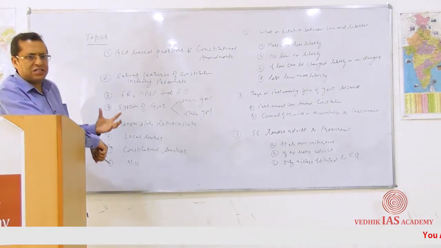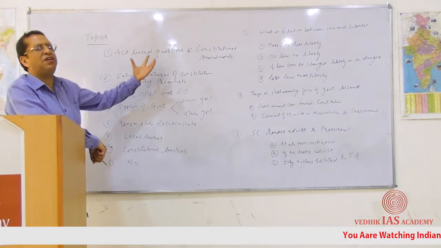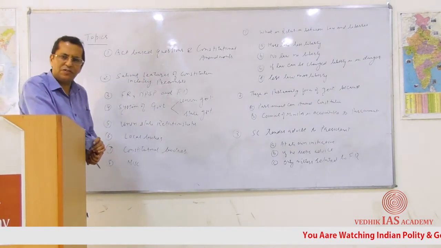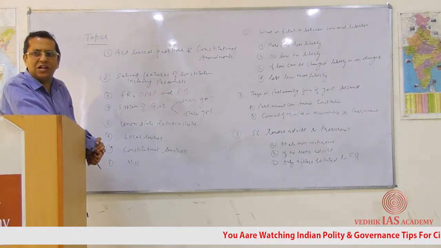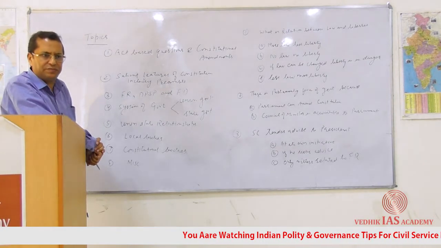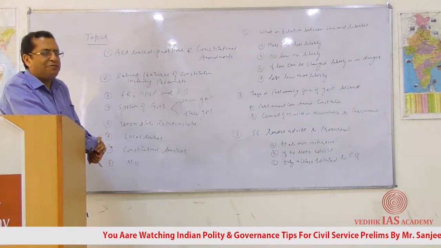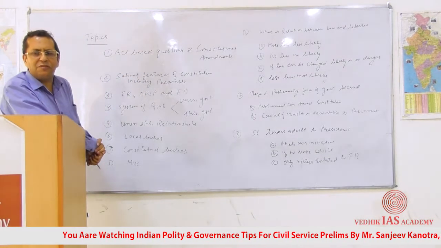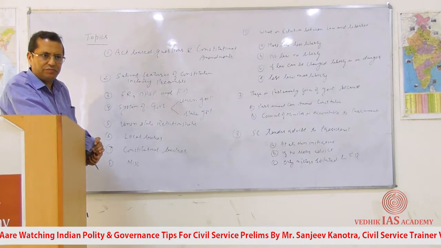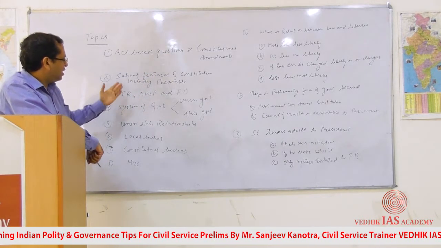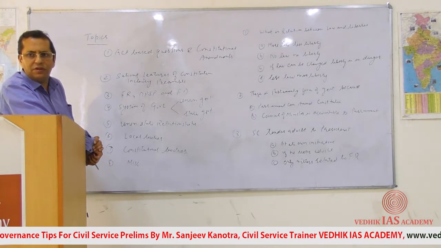For our convenience, we can divide Indian polity into different topics like these. The first topic is act-based questions and constitutional amendments. In the last 10 years, we find that there were 5 to 6 questions from this segment. Then salient features of the Constitution including the preamble.